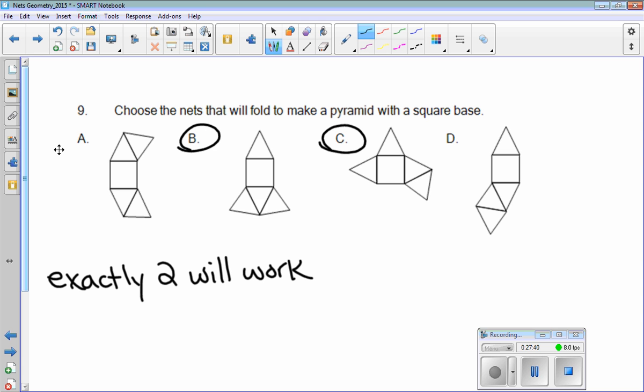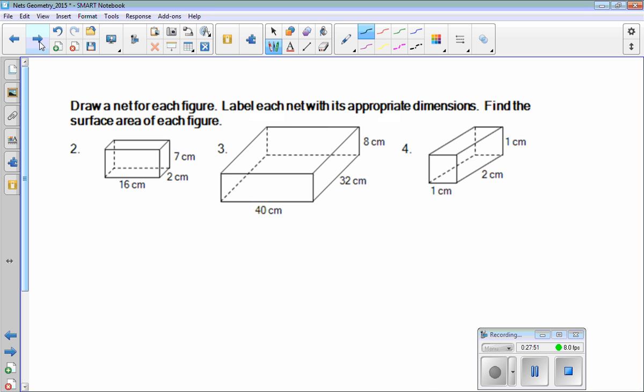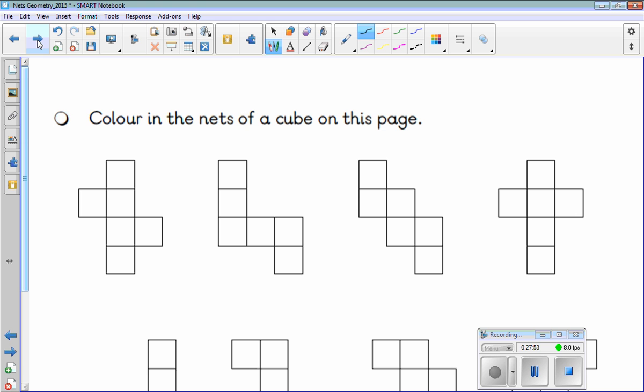We're going to spend the last part of class dealing with the very back page. You're going to need to work together as a team because I don't think you have enough of the squares to be able to figure out which ones make a cube. Shh, please listen. I'm going to tell you how many of these nets will work so you have a process of elimination.